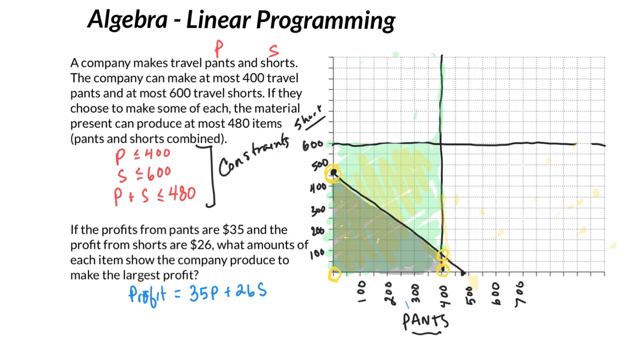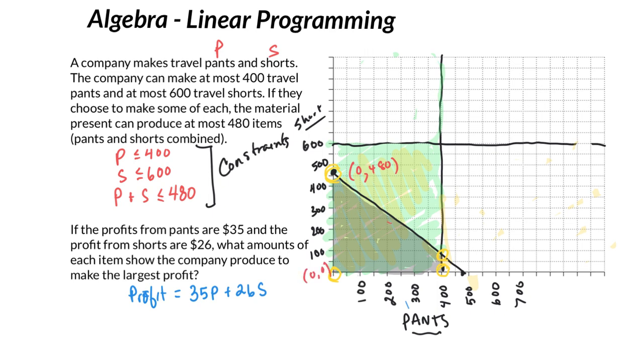Now, let's go through some vertices, and let me point out you are absolutely free to type in every vertex. I can write all these down. I can say, okay, this one is 0 pants and 480 shorts. This one was 0, 0. But think about that.